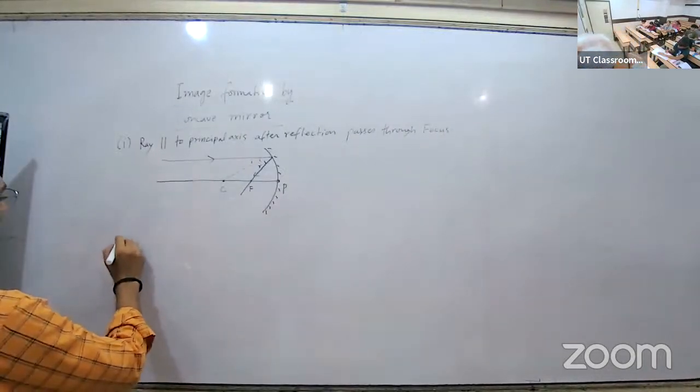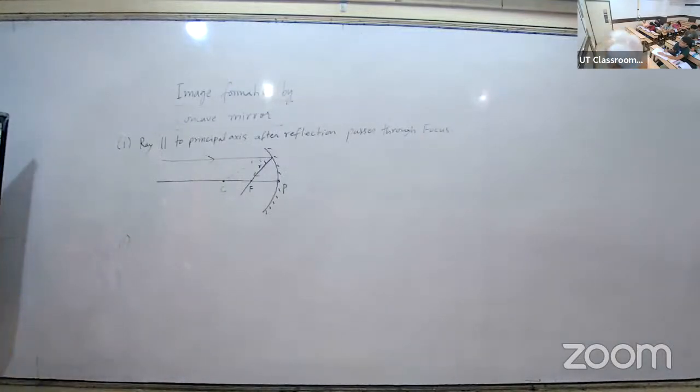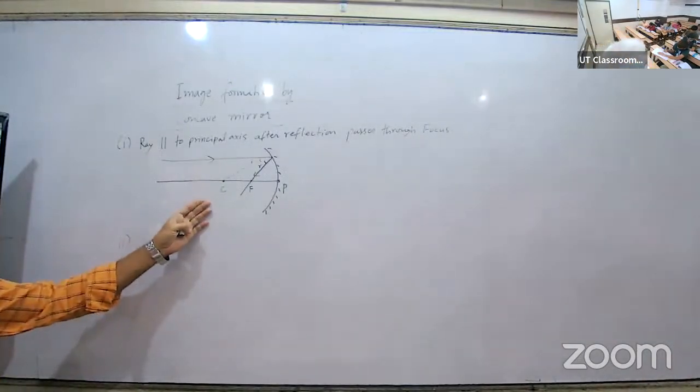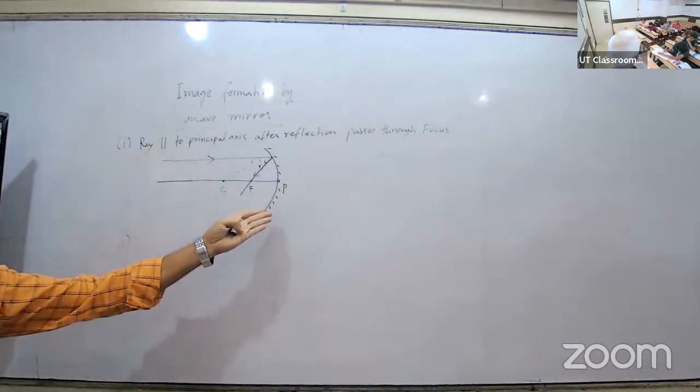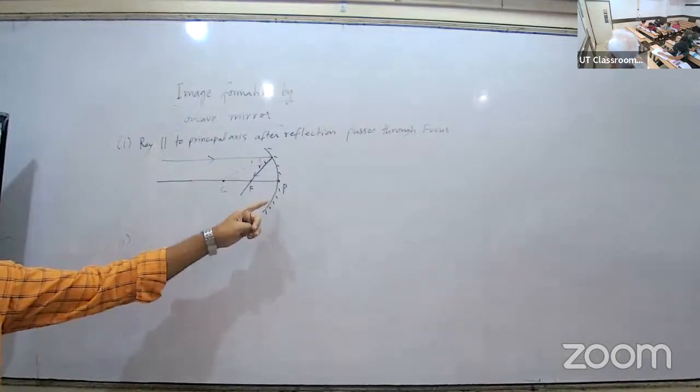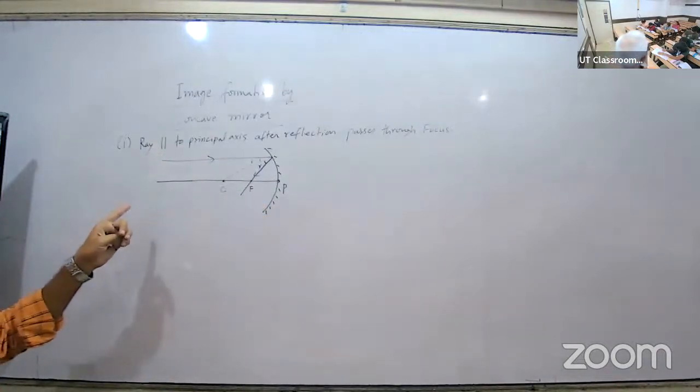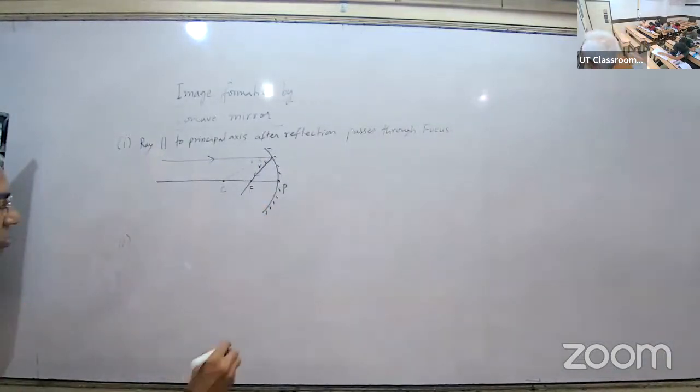Then which second ray you will take? Second ray will be opposite to this. So any ray passing through focus, when it is falling on the mirror, the reflected ray will be parallel. Got it? So this is what is the second ray.